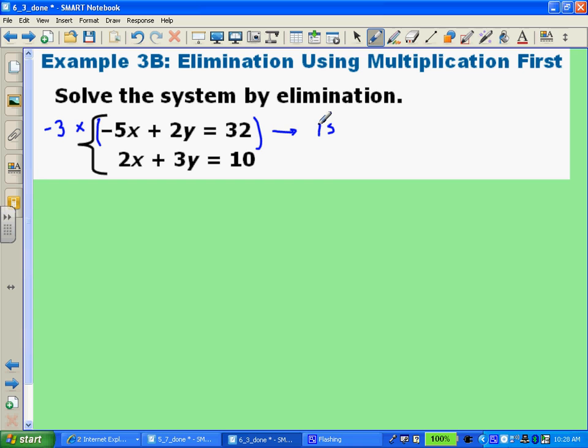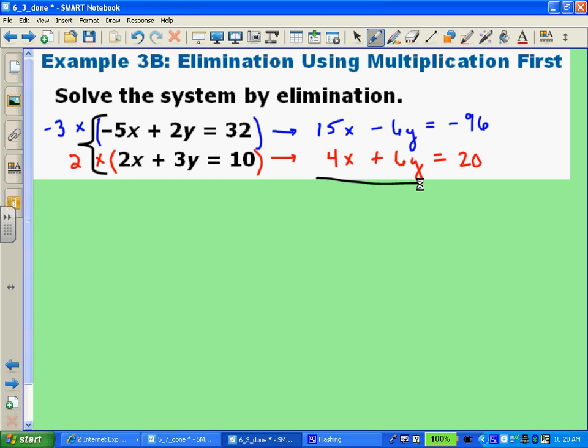When I do that, I'm going to get 15x minus 6y equals negative 96. Now down here, I want this to be a positive 6, so I'm going to multiply by positive 2. That's going to give me 4x plus 6y equals 20.